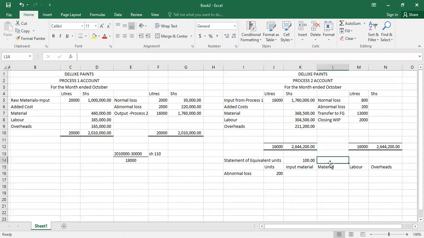What about the material? 80% is for something else. For the abnormal loss, look at the last statement. 70%. Labor, 50. These are percentages to avoid confusion.